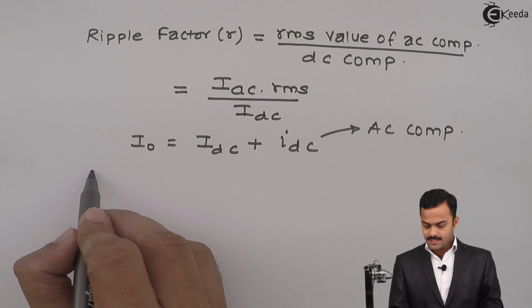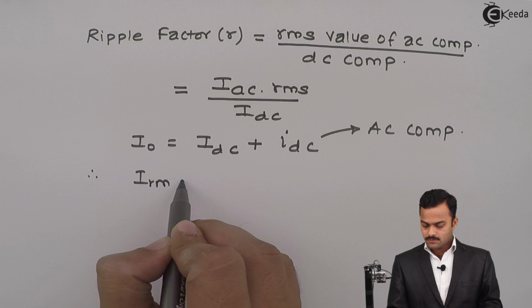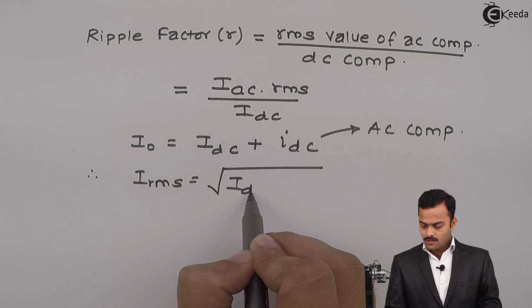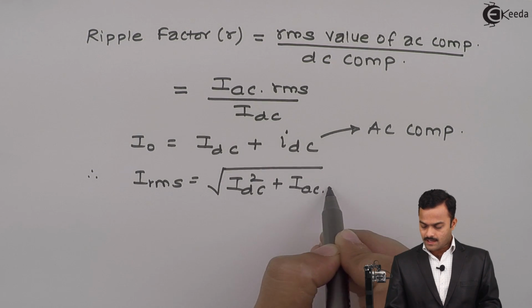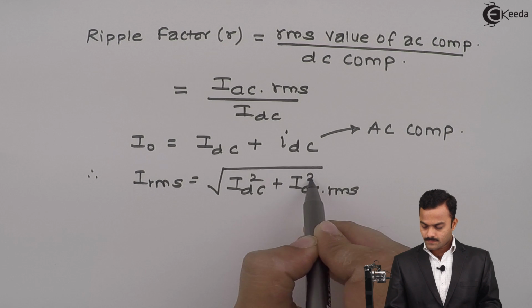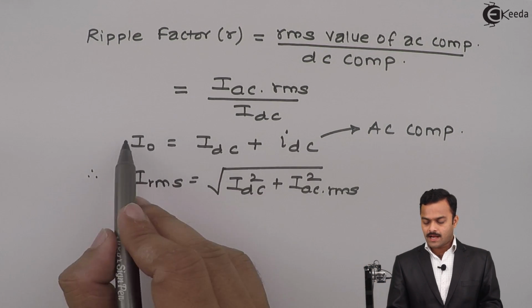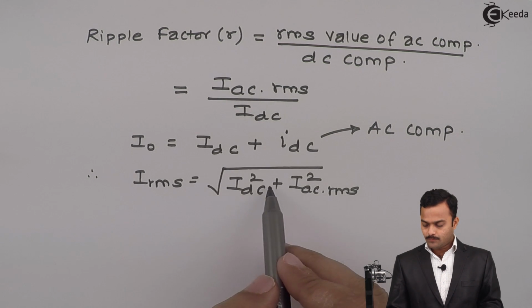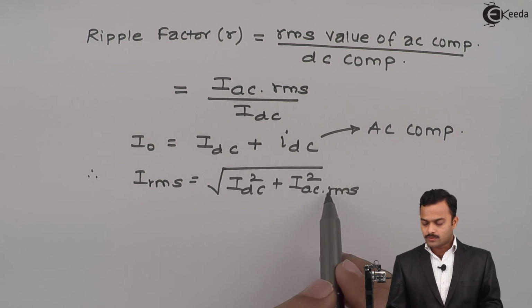Hence I can say RMS value of load current will be nothing but root of IDC square plus IAC RMS square. That means root mean square value of this I0 is root of square value of this plus RMS value whose square I have to take.